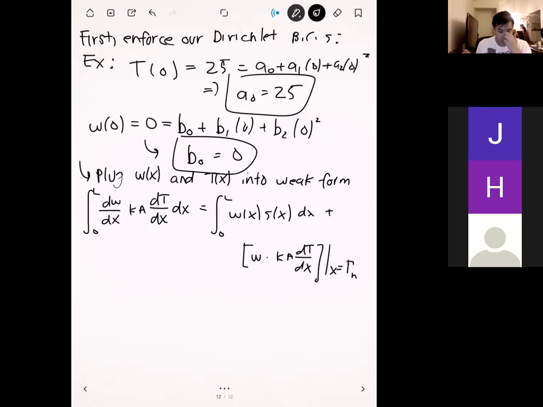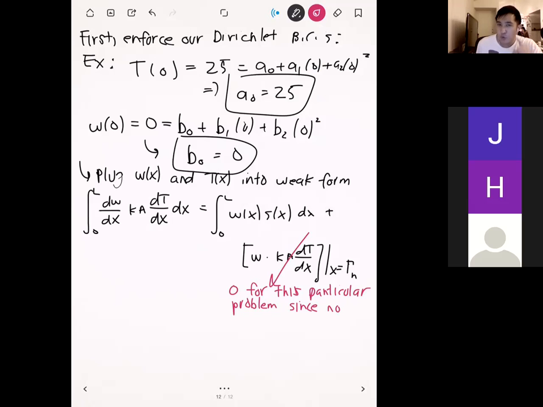I'm going to make a really quick simplification. Remember, for this particular problem, our Neumann boundary condition was 0. That's because in the problem we assume that there's no heat flux at x equal to L. But this is not always the case.